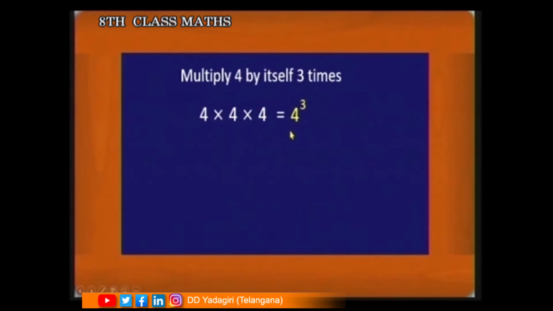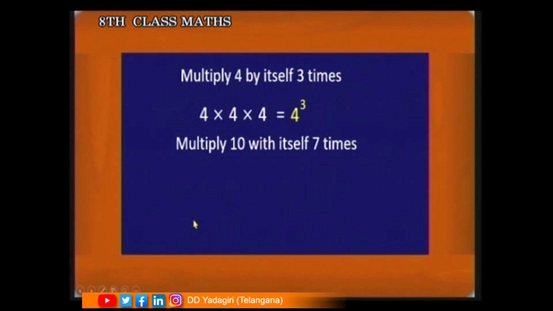We read this as 4 raised to the power 3, 4 cube, or 4 to the power of 3. So what does this 4 represent? 4 is the number which we are actually multiplying, and 3 represents 3 times. 4 is multiplied with itself 3 times.